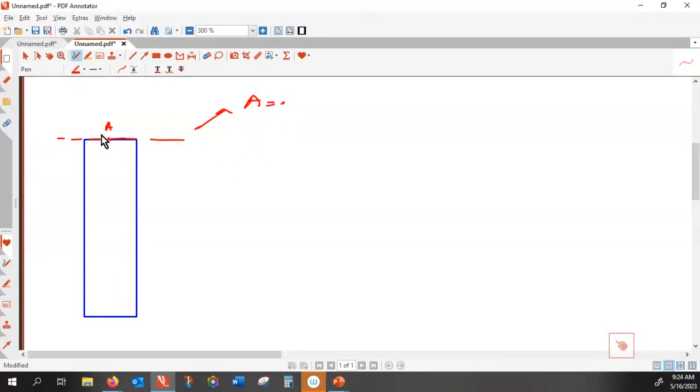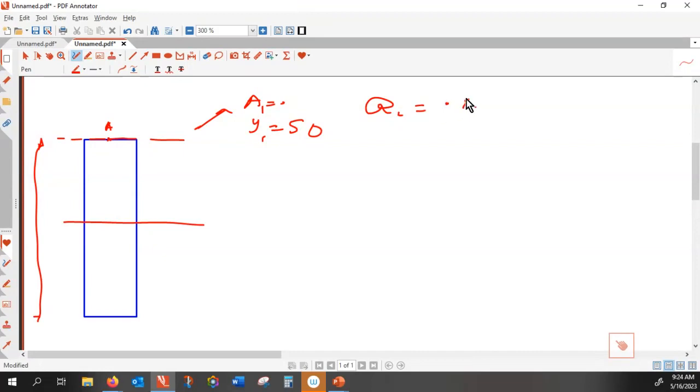And what is the Y bar? The centroid of that 0 measured from the center. So this is 100, that's 50, right? So from here to here is equal to 50. All right? So Q1 is 0 times 50, that is 0.